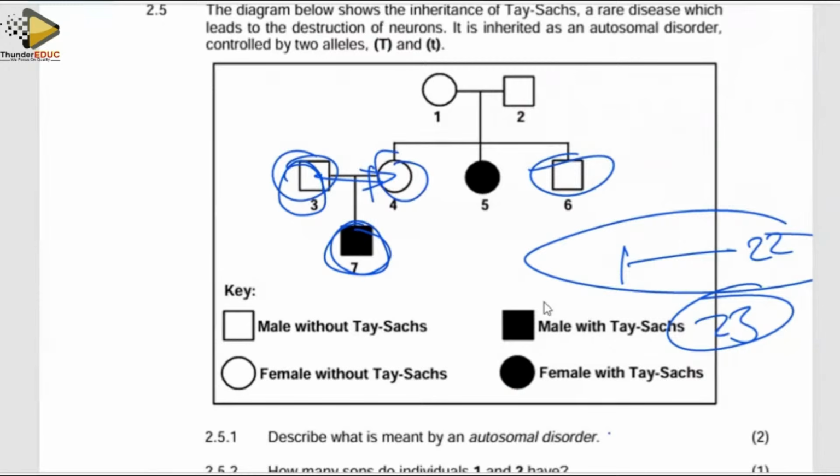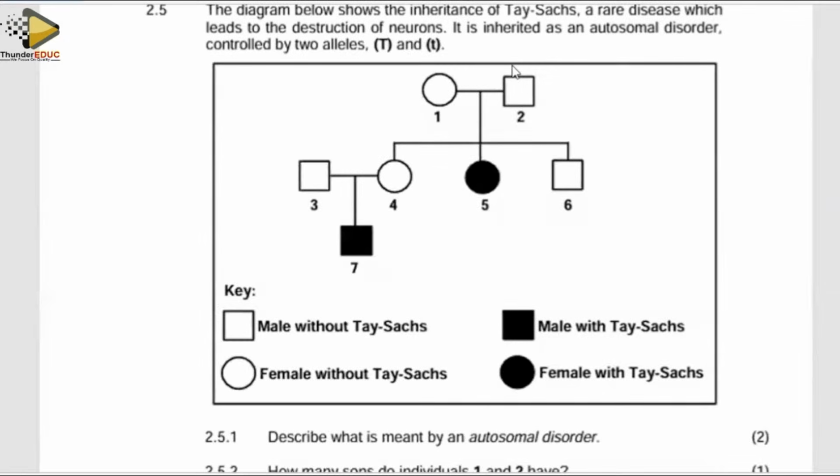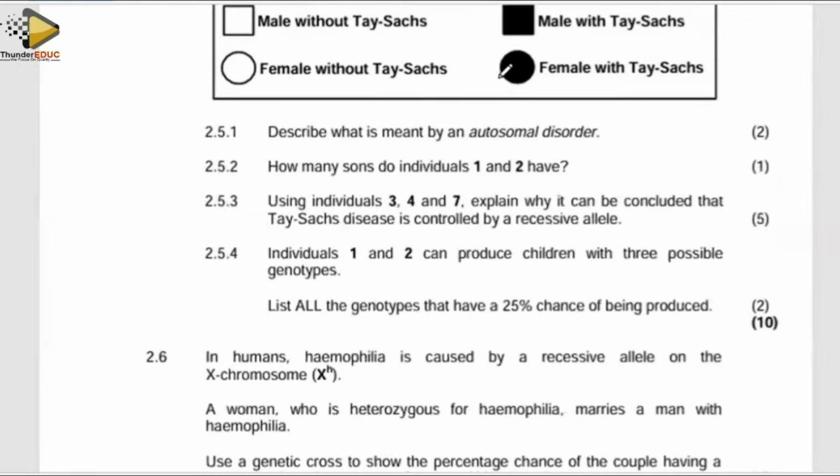So basically, when they ask you such a question, you look at the babies, the individuals they have produced. So in this case, we see that the parents are normal, but they produce someone who has the disorder. Let me check and see.